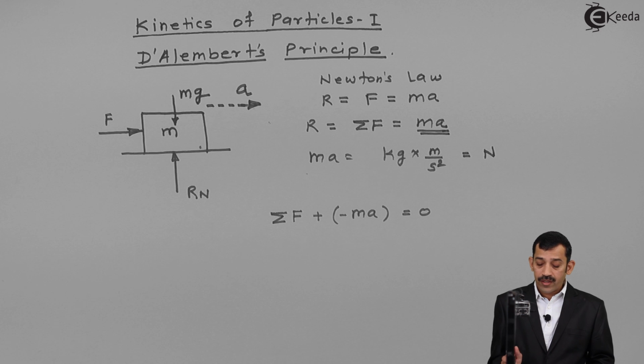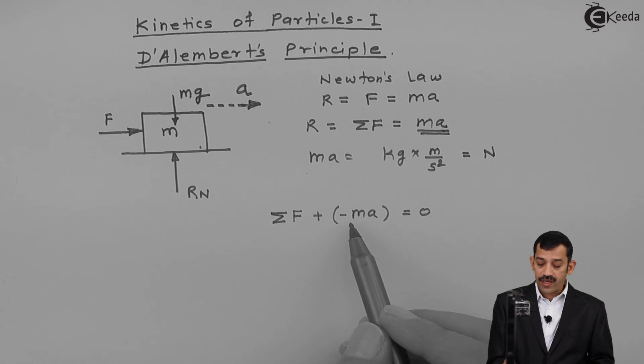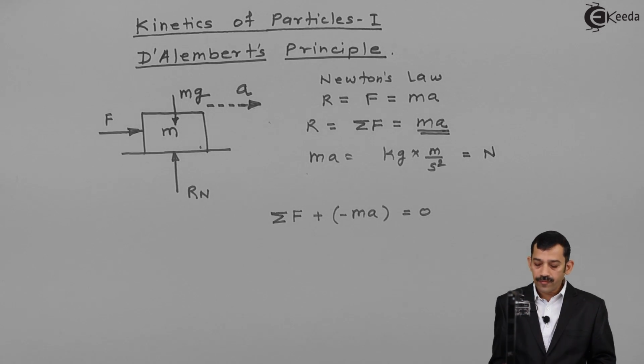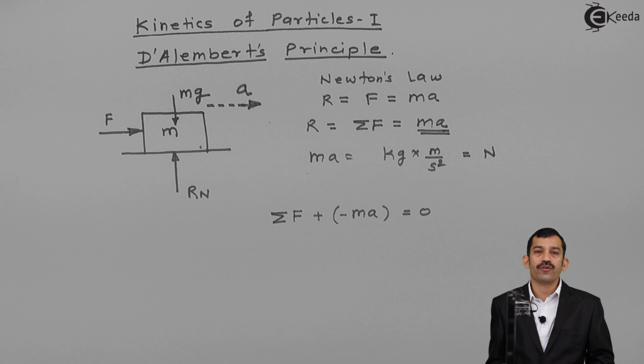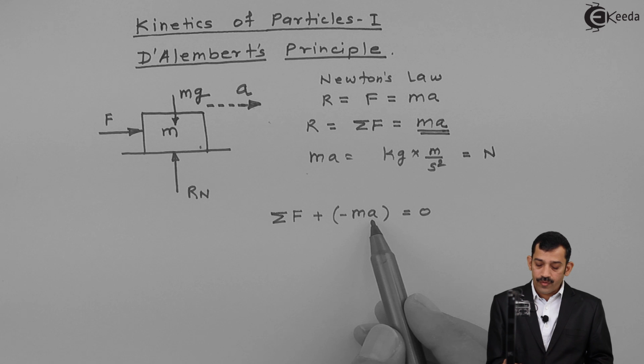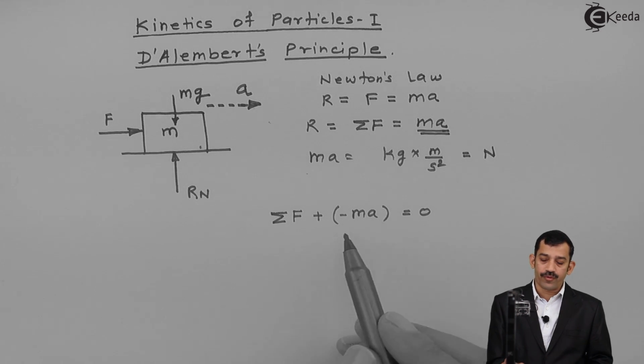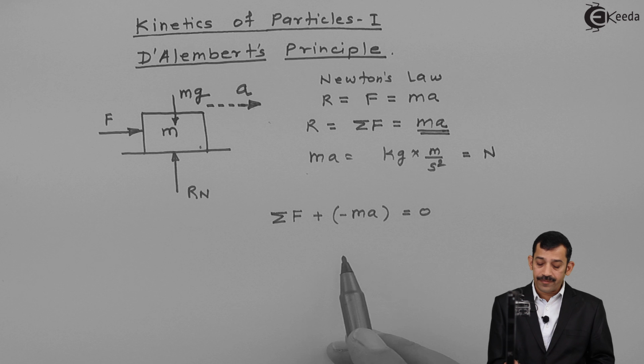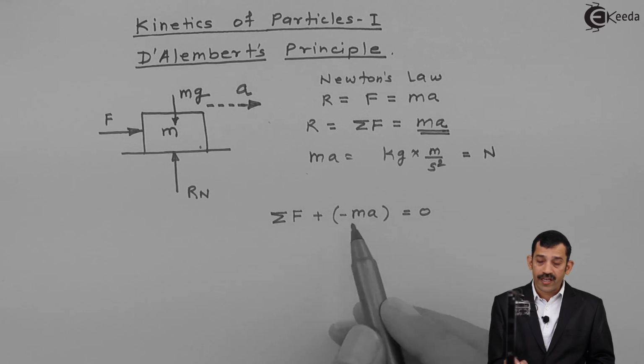Now this ma force, mass into acceleration, is called the inertia force, and the negative sign represents that this force always opposes the motion and acts in the opposite direction of acceleration. This is one equation which now includes the inertia force on the same side. This depends on the direction of motion.